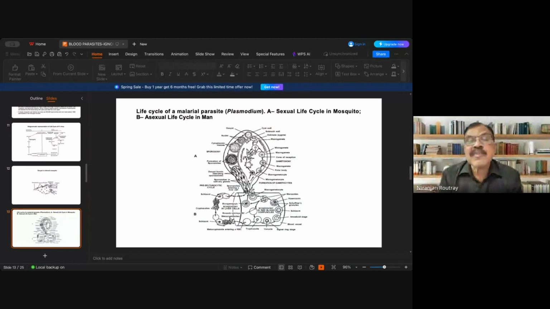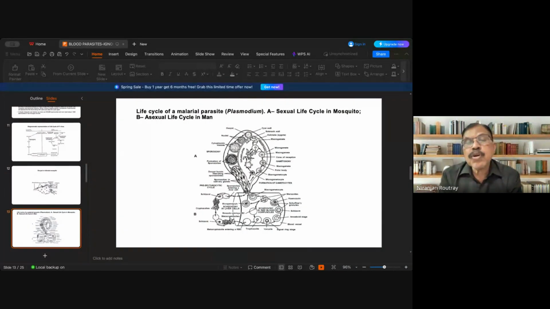Here is a small diagram where you can see inside the mosquito stomach how exflagellation occurs. This is the gametocyte. This gametocyte may give rise to the macrogametes, or it may give rise to the microgamete.